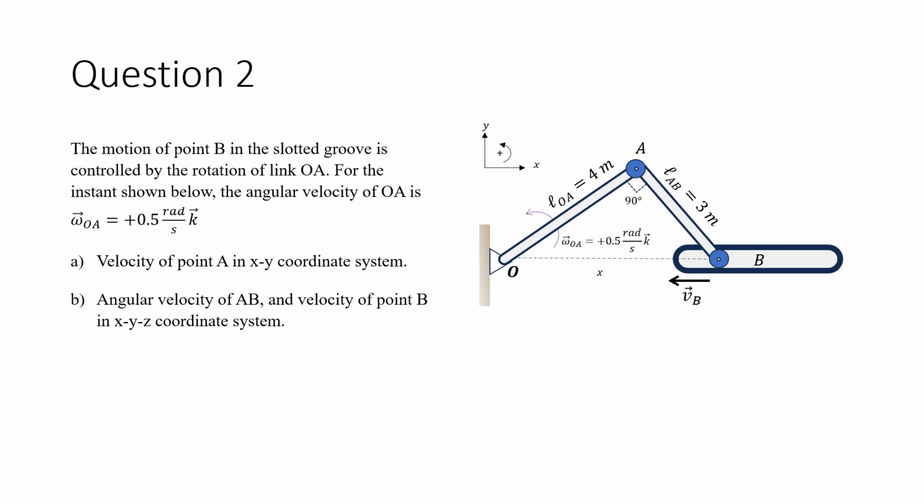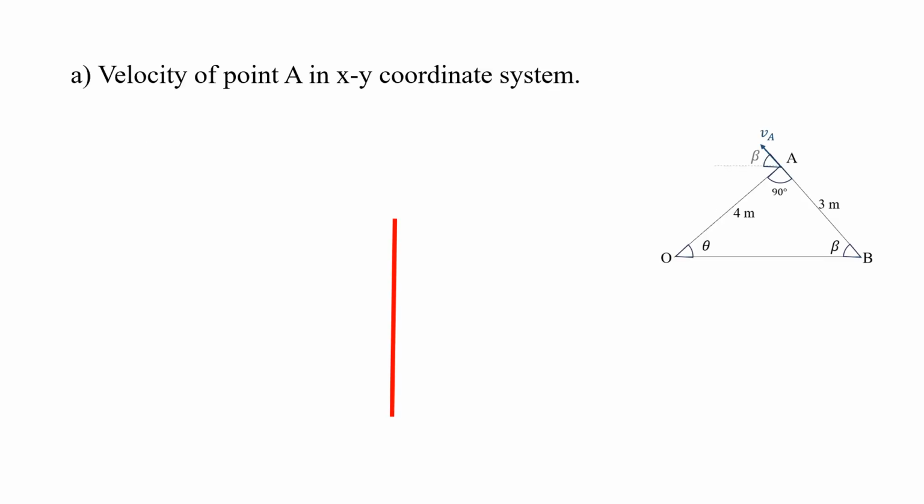The motion of point B in the slotted groove is controlled by the rotation of link OA. For the instant shown, the angular velocity of OA is given as 0.5 rad per second K. You're asked to find velocity of point A in XY, angular velocity and velocity of point B in XYZ coordinates.